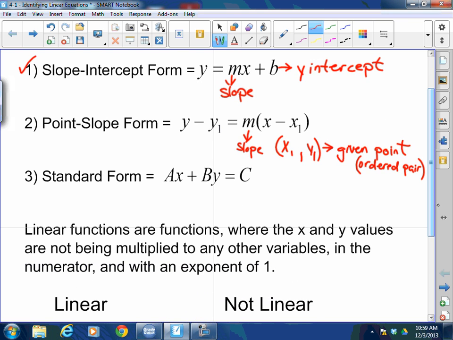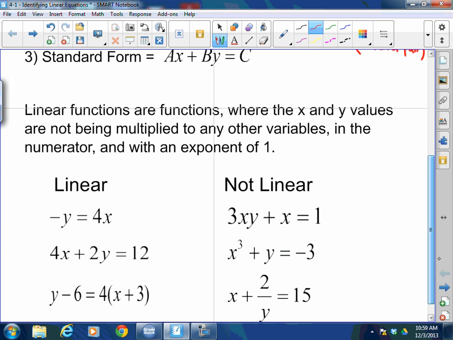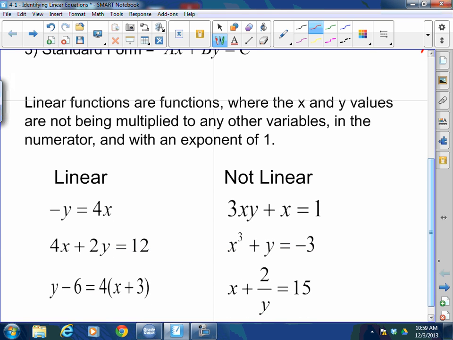Linear functions are functions where x and y values are not being multiplied to any other variables, are in the numerator, and have an exponent of 1. So think about it. Negative y equals 4x. Is x being multiplied to another variable? No, it's not.